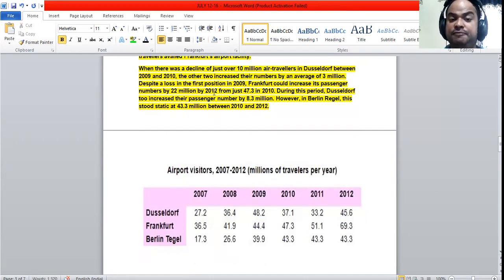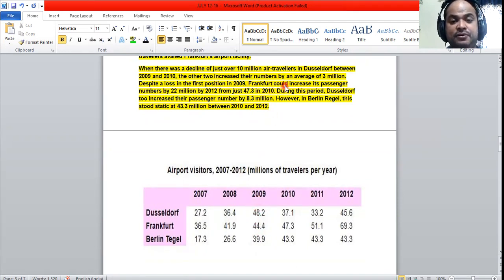The other two increased their numbers by an average of 3 million. Despite a loss in the first position in 2009, so you can say that there is a loss in the first position in 2009, Frankfurt could increase its passenger numbers by 22 million.